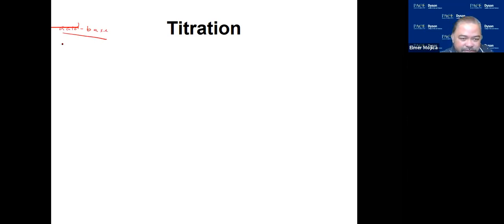Then in experiment 5, we have the precipitation titration. Experiment 6 is a double indicator titration. And the last one that we have is EDTA. We're going to discuss the concept of that experiment that we did last week in today's class.